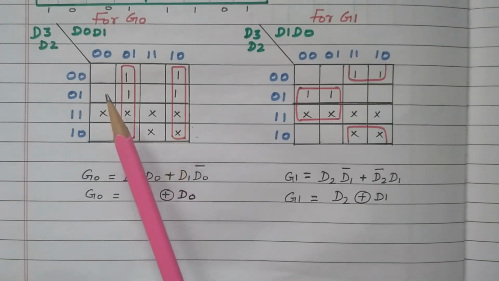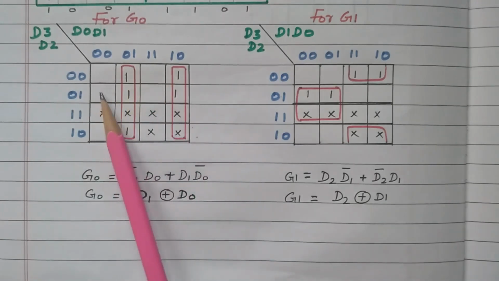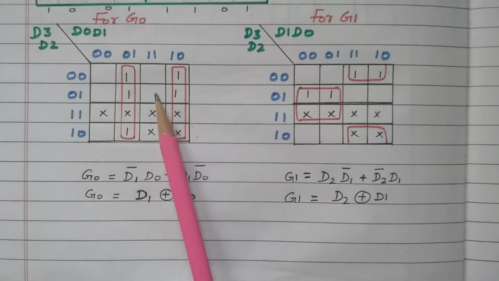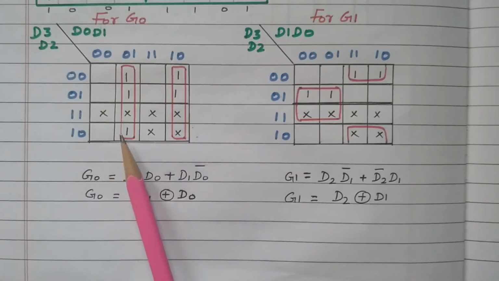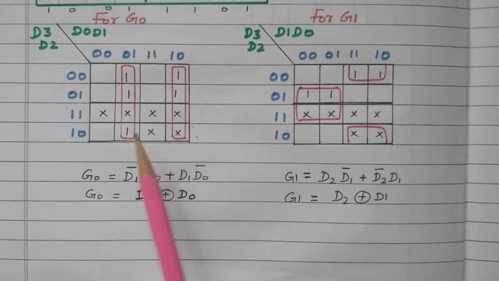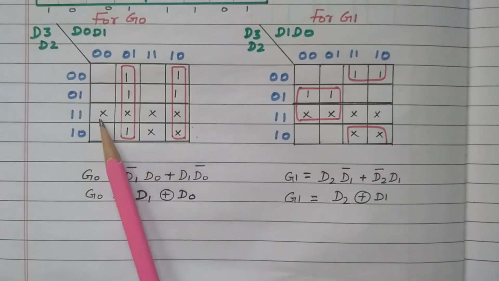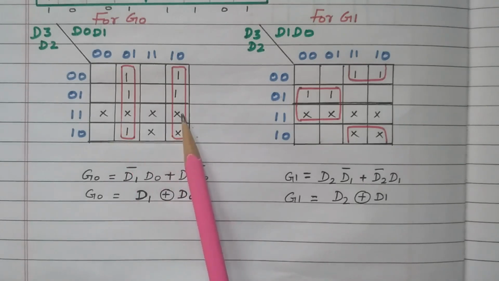Using minterms, these cells are represented as 0, 1, 2, 3, 4, 5, 6, 7, 8, 9, 10, 11, 12, 13, 14, 15. This is the minterm representation. So this is 10, this is 11, 12, 13, this is 14, 15.